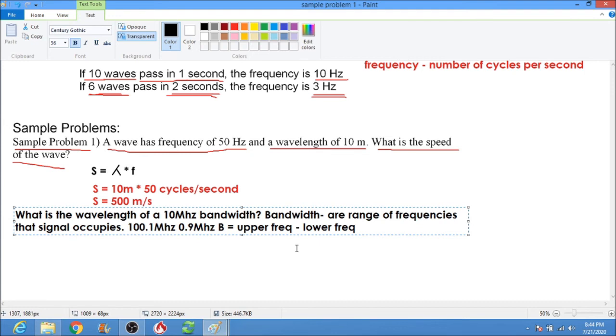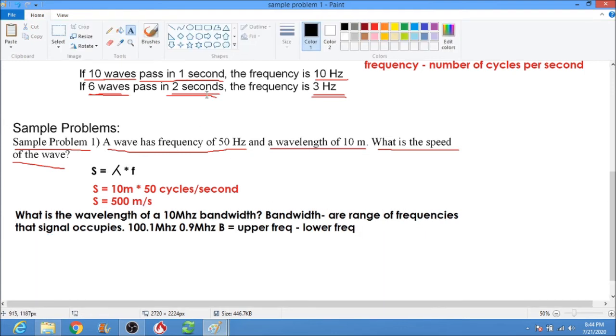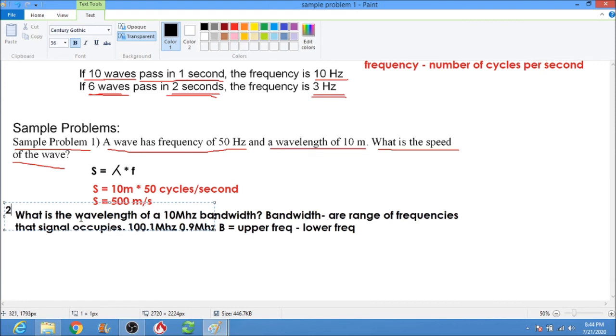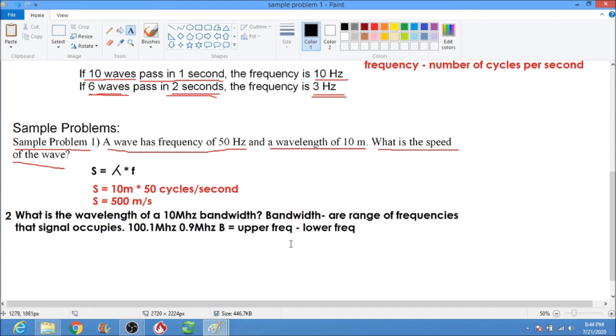Let's solve our second example: what is the wavelength of a 10 megahertz bandwidth?